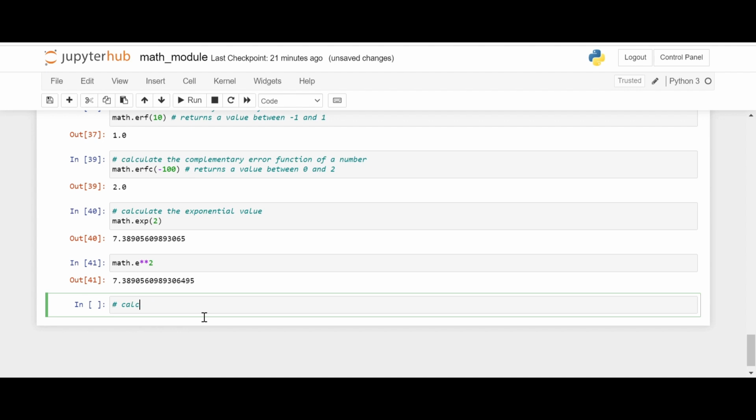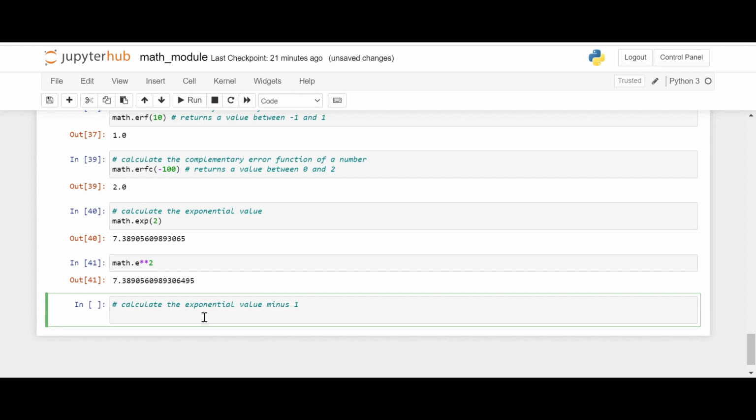So calculate the exponential value minus 1. So math.expm1 of 2.